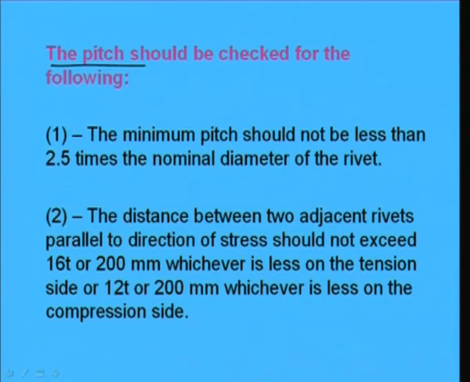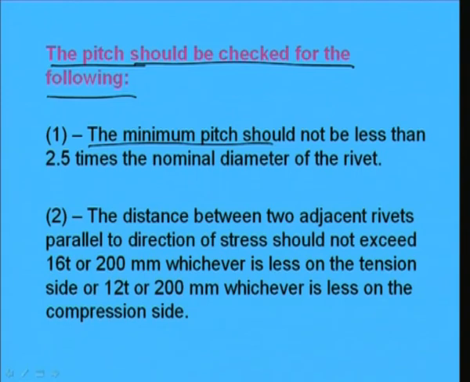Now, the code has given some provisions for providing pitch, that the pitch should be checked for the following, because we cannot provide the pitch arbitrarily, we have to maintain some codal provisions, right. So, what are the things? Let us see. First, the minimum pitch should not be less than 2.5 times the nominal diameter of the rivet.